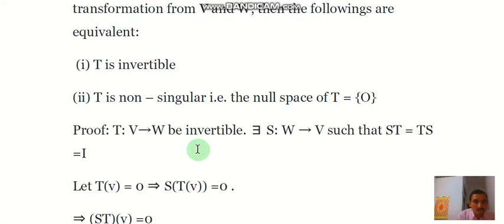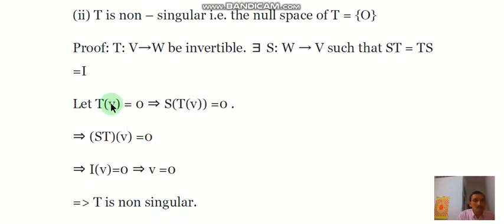Let the mapping T from V to W be invertible, then there exists S from W to V such that ST equals TS equals the identity mapping.